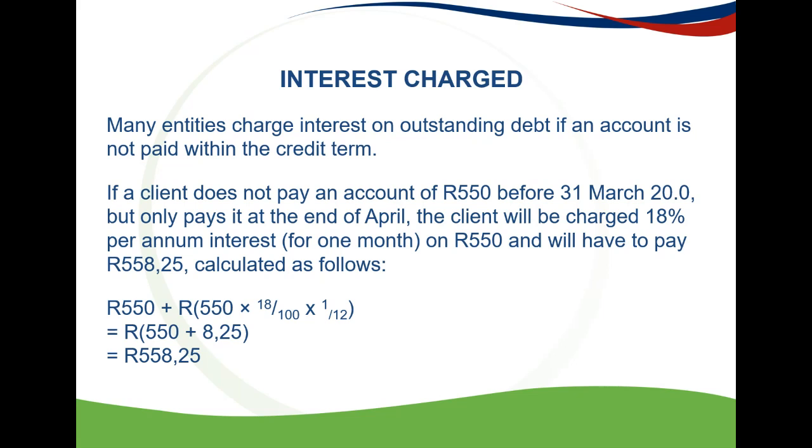You already gave him the opportunity to buy on credit, and then he must pay within his allowed credit period. And when he does not, then definitely he must be charged for that. And that's what happened here. He did not pay within 1 month, and therefore he needs to pay the extra 8 Rand and 25 cents.